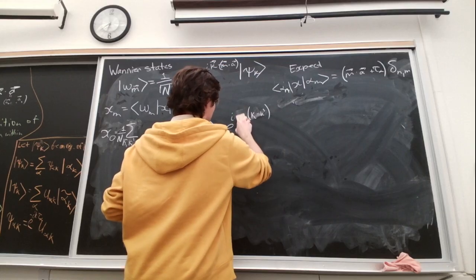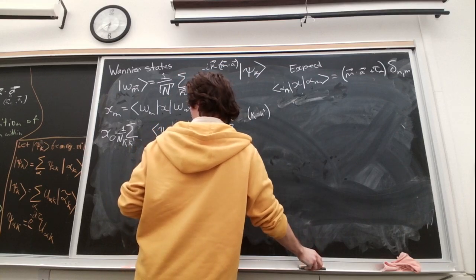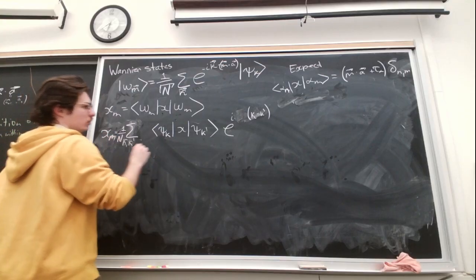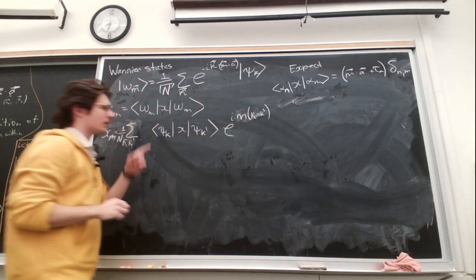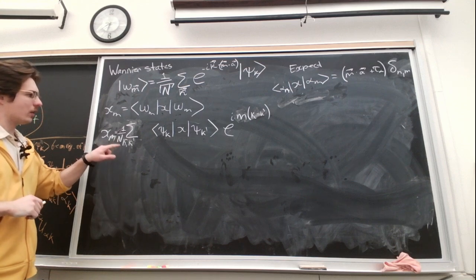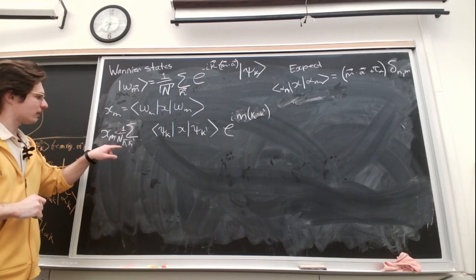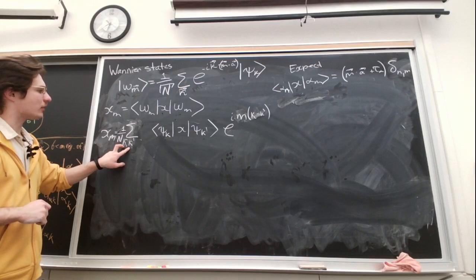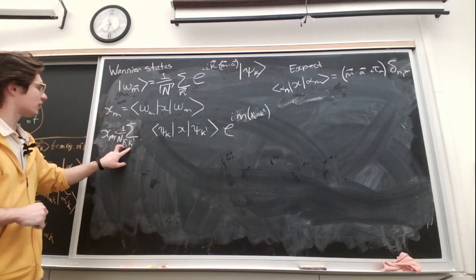You might as well just compute x m. Yeah, let's compute x m for now, because I want to use this. Okay, good. If I do have this phase, then I now can get rid of... Oh, sorry, I have a sum over k, and I don't have a sum over m just yet, right?